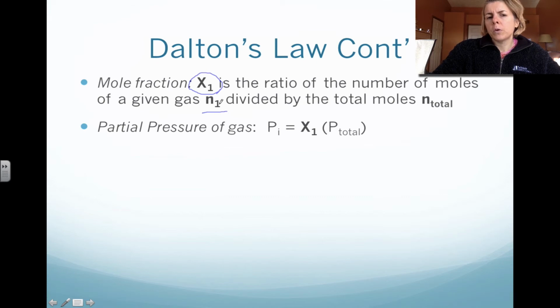The individual moles are divided by the total moles, and that gives us x sub 1. So if I have 1 mole of hydrogen and there are 2 total moles of the gases, it'll be 1 divided by 2 for x sub 1. That is then multiplied by the total pressure to give us the partial pressure of a gas.